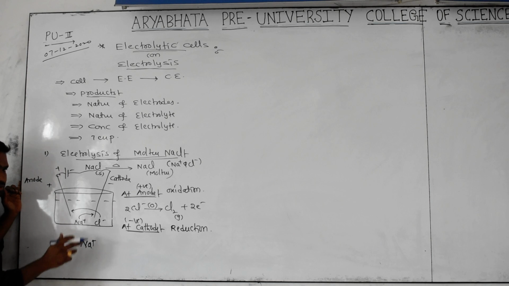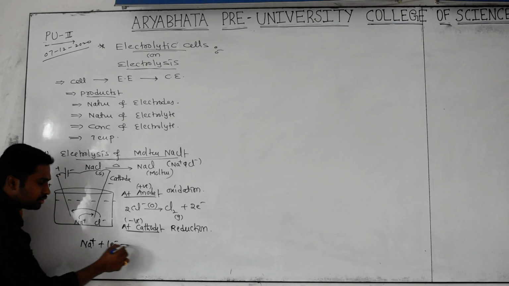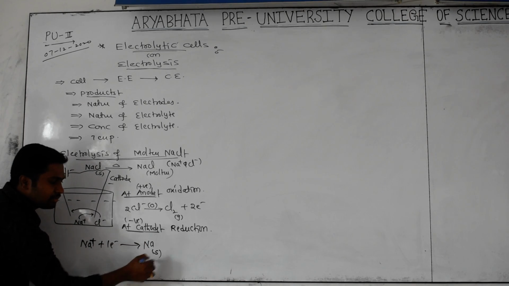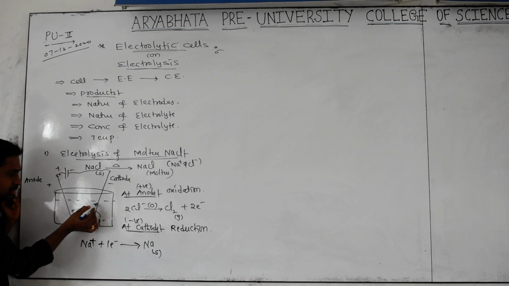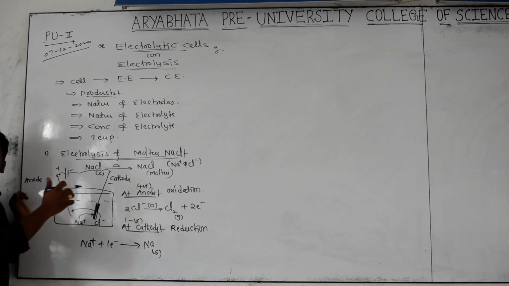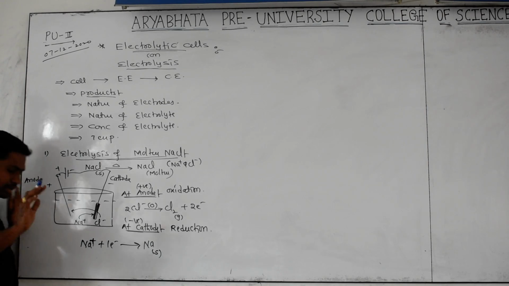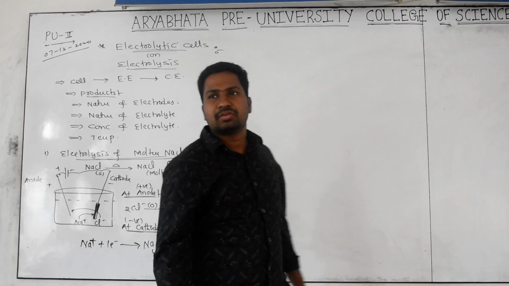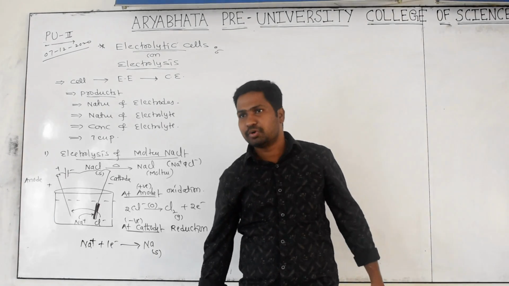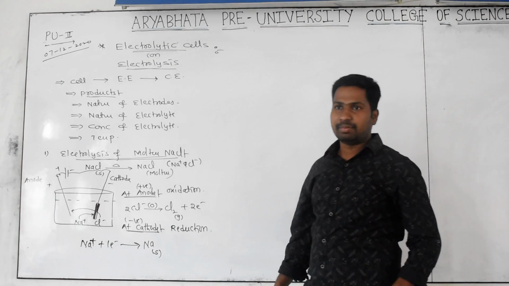Na+ receives electrons from the battery: Na+ plus electron becomes Na, neutral and solid. So on the cathode rod, a sodium layer forms. All clear? Finally, in the electrolysis of molten NaCl, at the anode Cl2 is produced, and at the cathode sodium is formed.